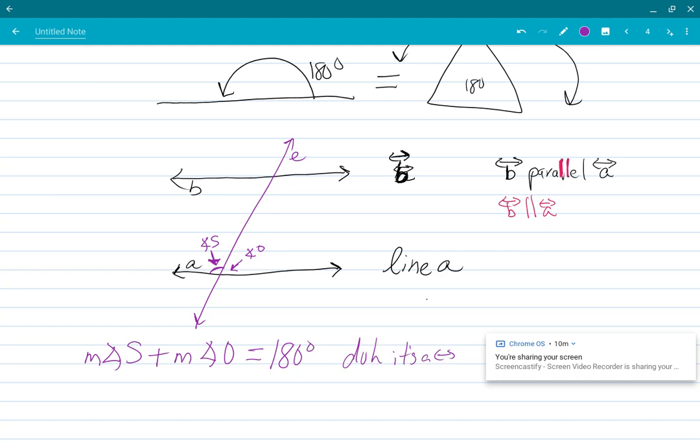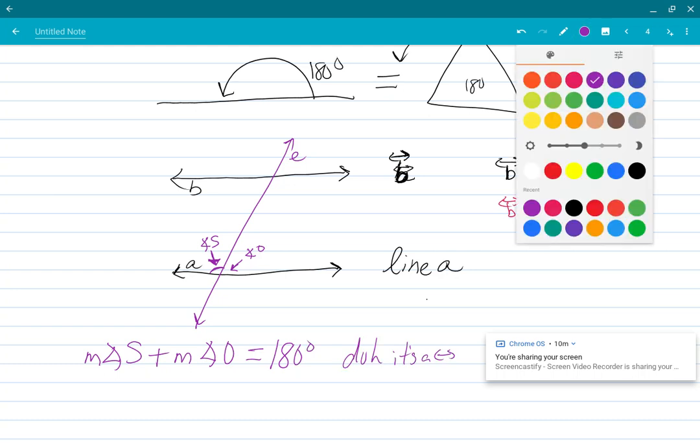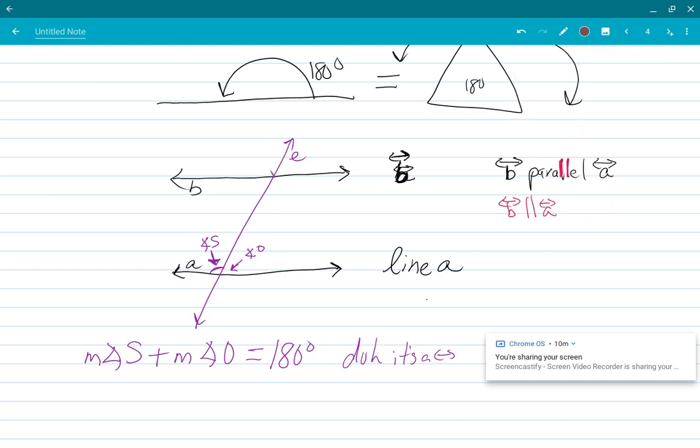Alrighty. Okay, let's see if I remember how to do this. All right, next. If you were to connect another line here, and we're going to call this line T, okay, how many angles are up here?